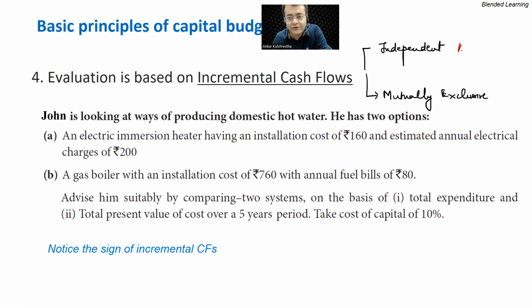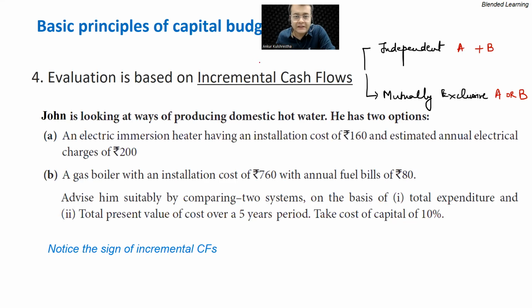Independent projects are ones where A did not compete with B. It was A and B as well. There's a possibility that both had to be good. In case of mutually exclusive, it is either A or B. That was the deal.